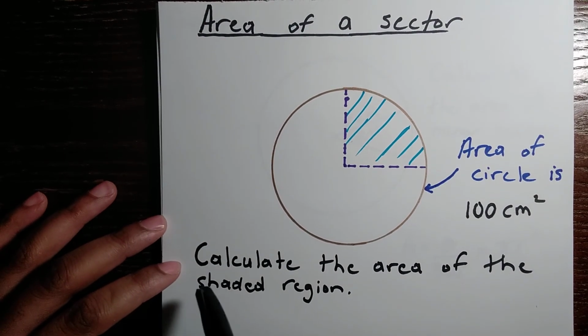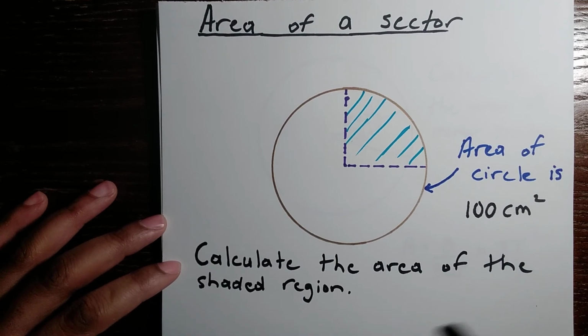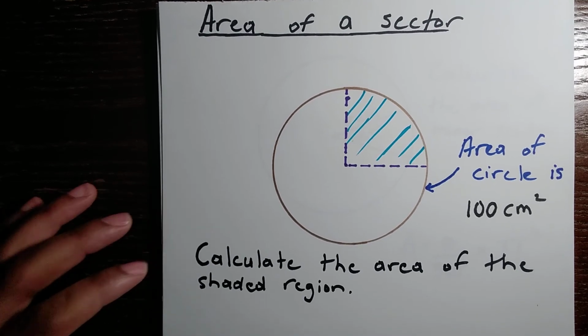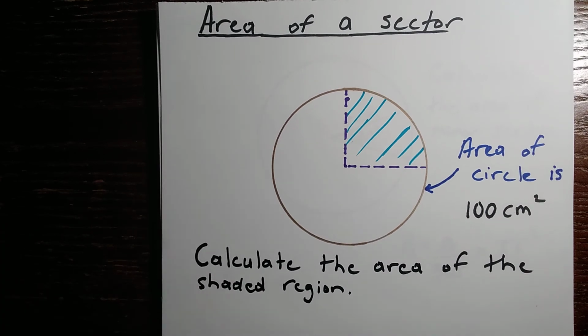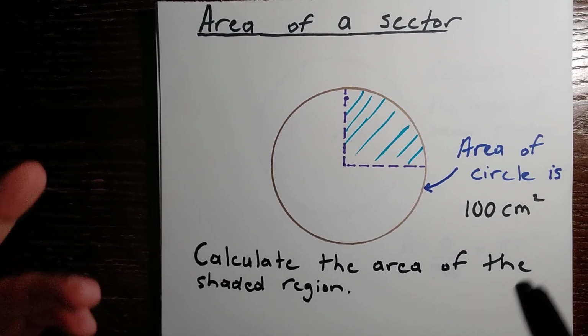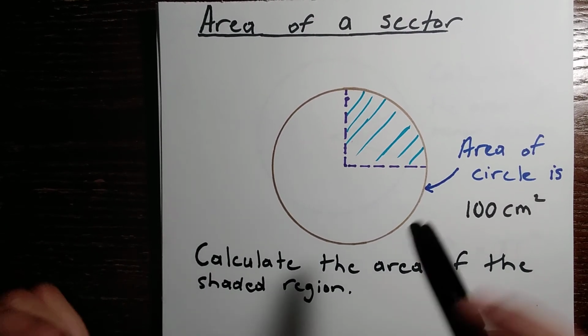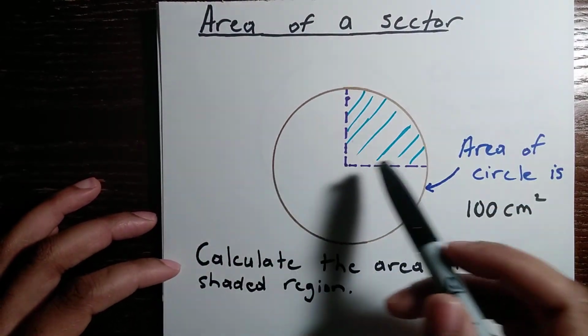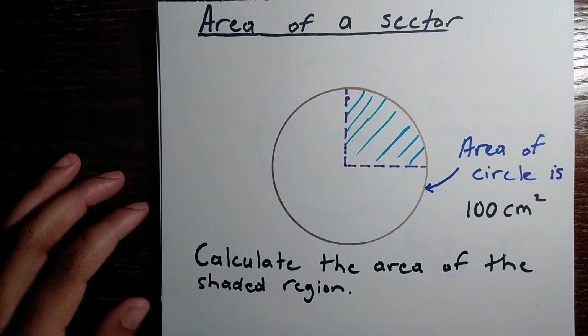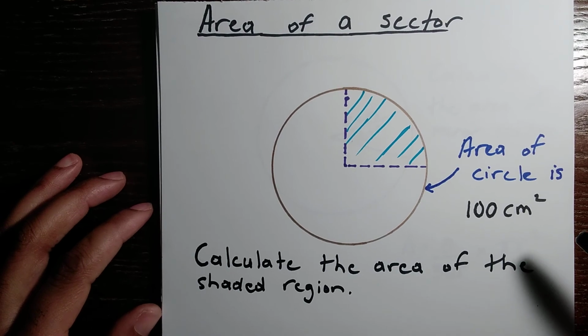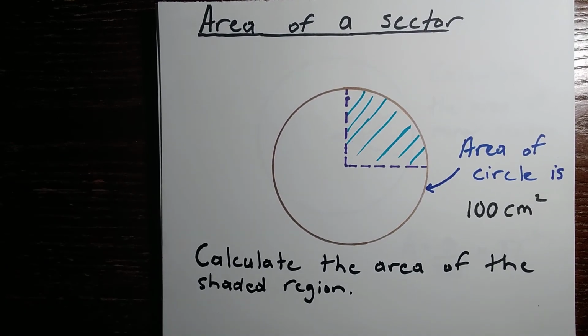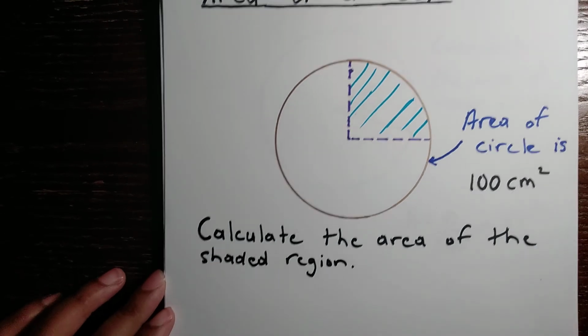The question says, calculate the area of the shaded region. Looking at the diagram, it is easy for us to see that the area of the shaded region is 25 centimeters squared. Now, how did I come to that conclusion?